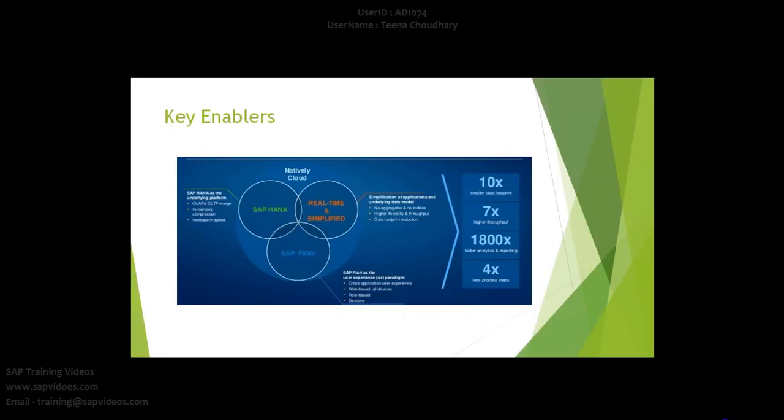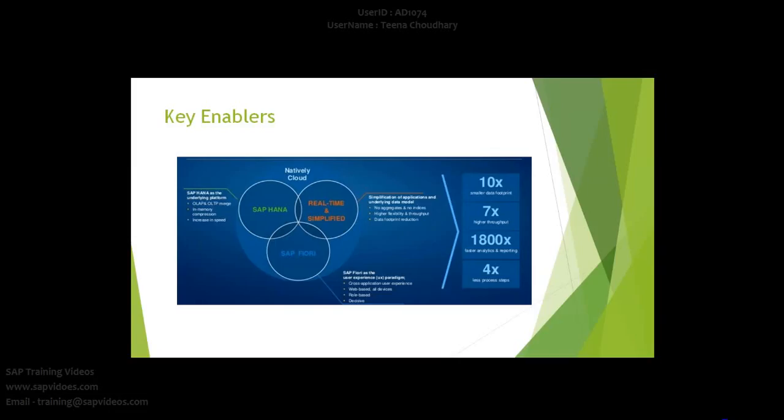Talking about the key enablers, again the same thing. I'll not say this is something different, but you need to understand what the key enablers of SAP S/4HANA are. Whatever we have discussed till now is explained in the form of a figure here. You can see there are basically 3 key enablers. First, obviously, is SAP HANA. Without SAP HANA, SAP S/4HANA was not possible. Second is SAP Fiori.